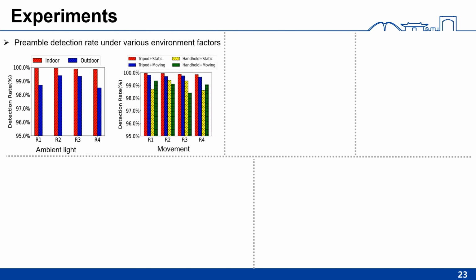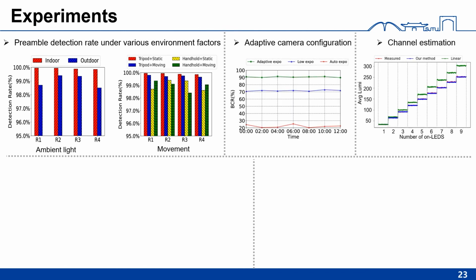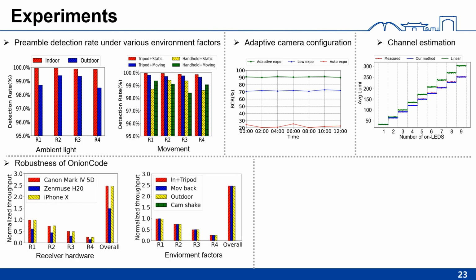We have conducted rich experiments to evaluate the communication performance of the ONIONCODE prototype, including preamble detection rate under various environment factors, performance of the proposed adaptive camera configuration and channel estimation, and robustness under various hardware and environment factors.